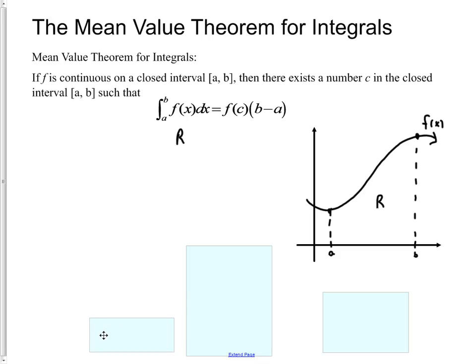is that somewhere on the interval from a to b, there's got to be at least one number c, some sweet spot on this interval that we can identify such that if we find the value of f of x at that point c and use that as the height of our rectangle, then the height of the rectangle at that point c times b minus a would be equal to the actual region R. In essence, we're equating these two things.